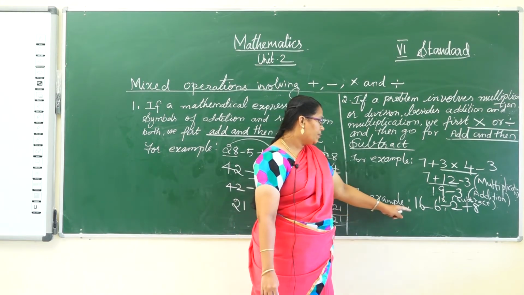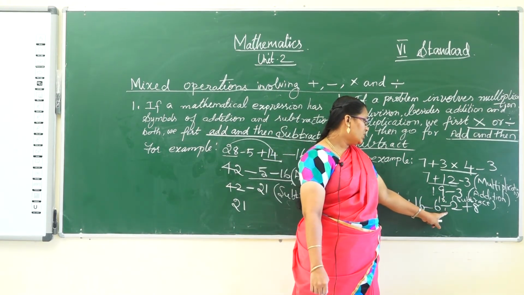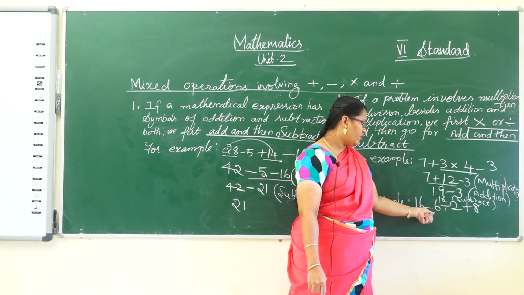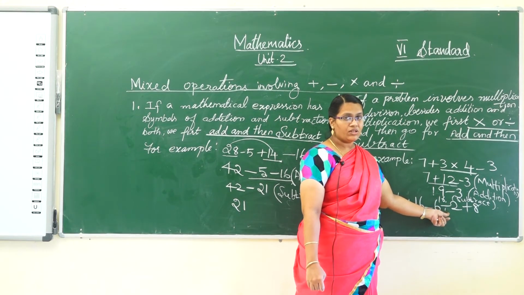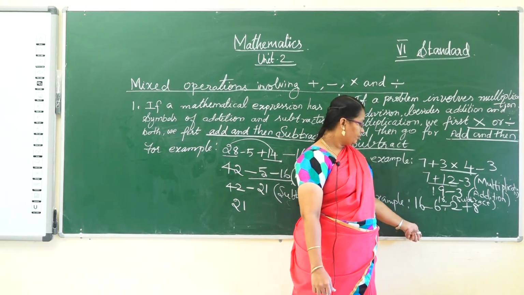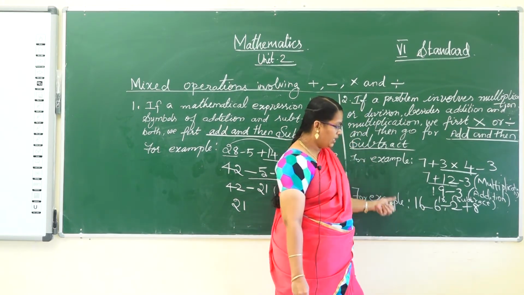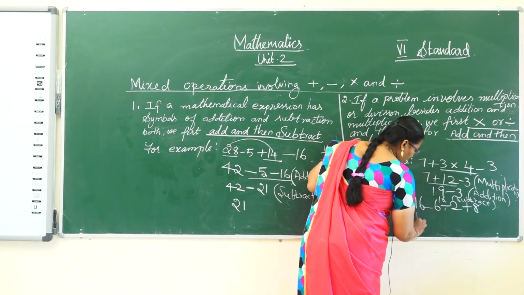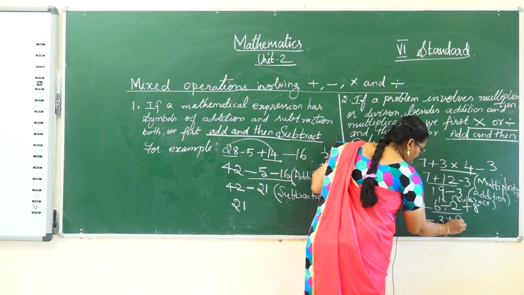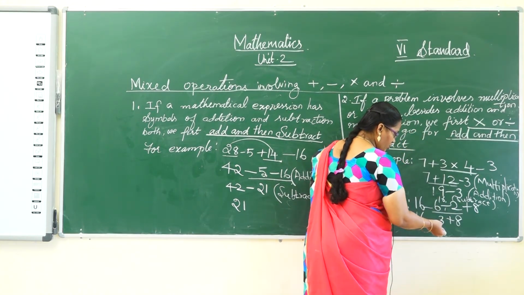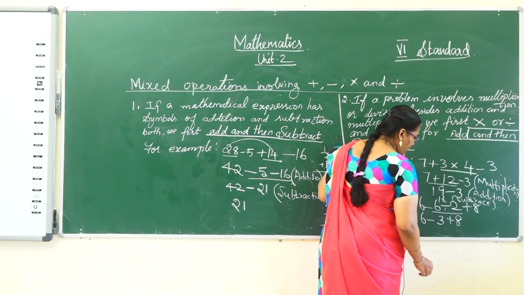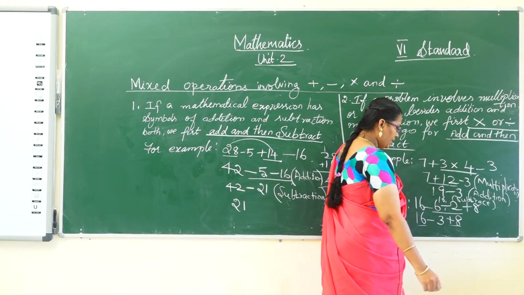See another example. Here division is given, with negative and positive signs, plus addition and subtraction are given, and at the same time division is also given. So first preference to division, then add and then go for the subtraction. So first division: 16 minus 6 divided by 2 is 3, plus 8. Next preference to addition, so 16 plus 8, these two are added.